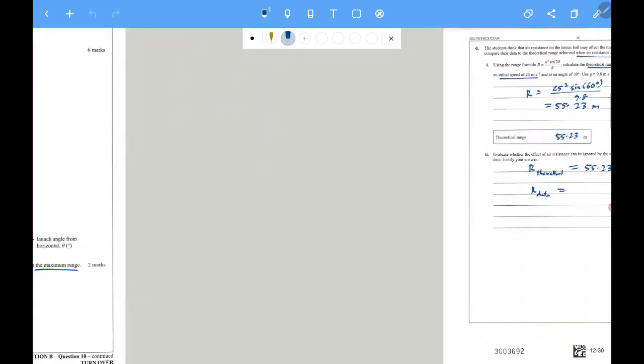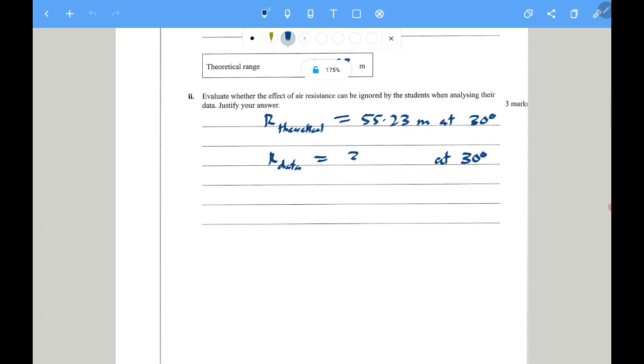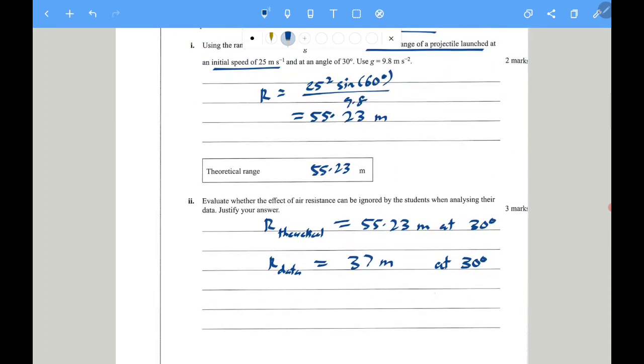So at 30 degrees, we got 37 as our average range. All right. And so from this, it is clear that air resistance is a significant variable.